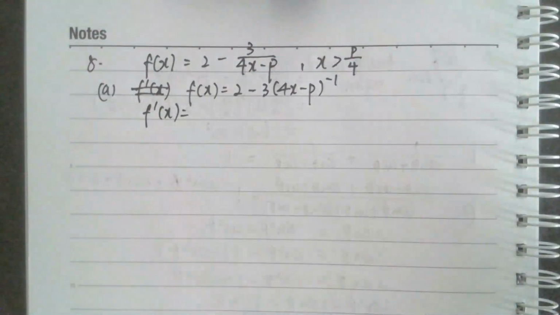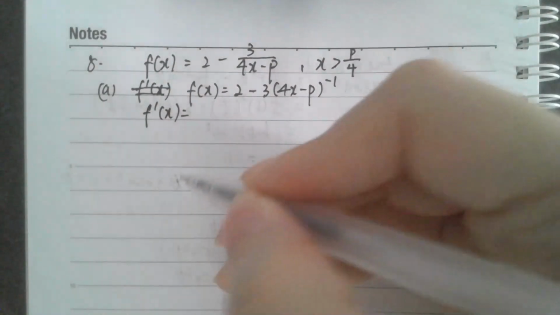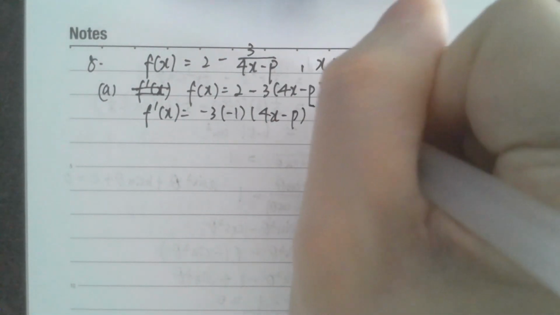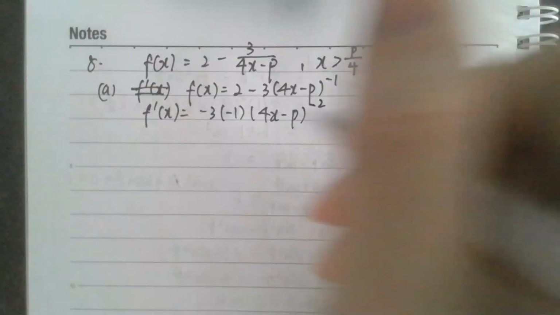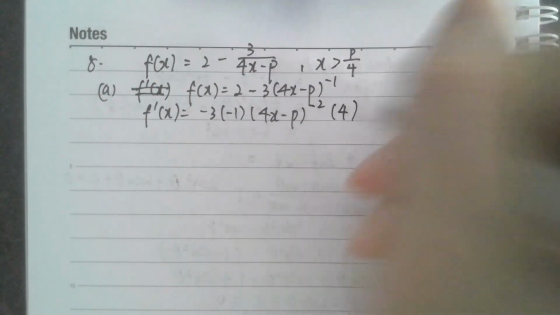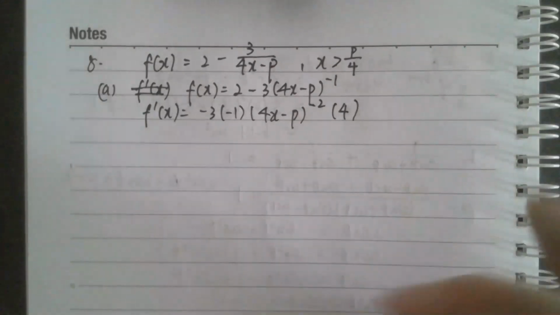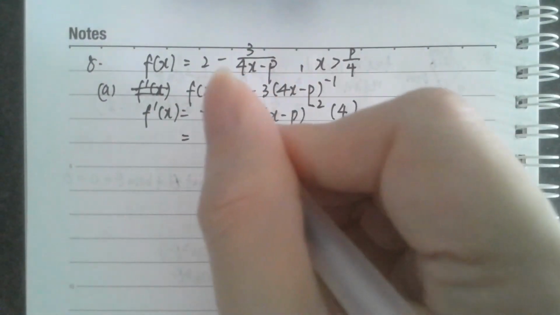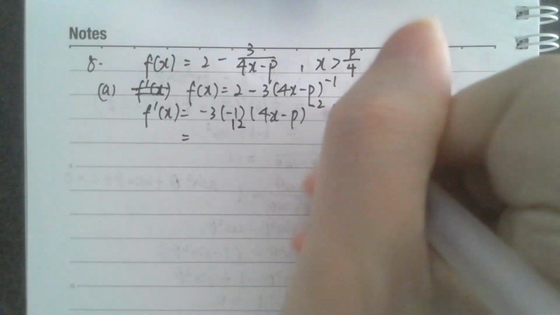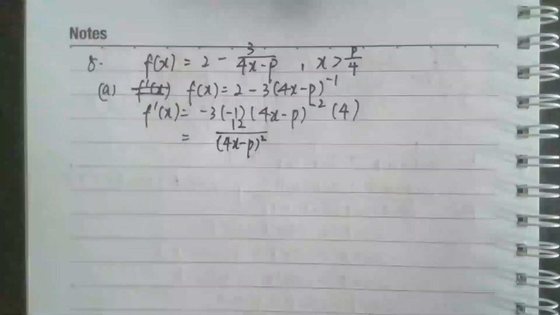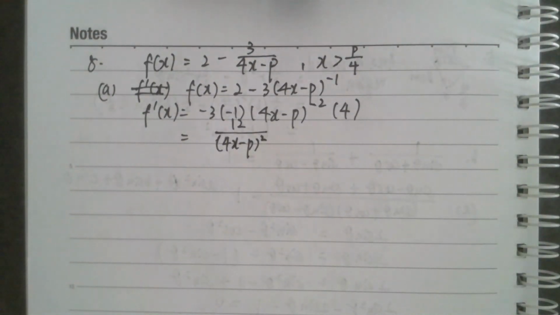Differentiate the constant, that's 0. Differentiate this expression: you bring the -1 down, you have (4x minus p) to the power of -2, and you do a chain rule here, multiplying by 4, the differentiation of what's inside. Putting this together, you can see that this is positive 3 times 4, which is 12. That's power -2. We can put it in the denominator, and that's the differentiation of f(x).